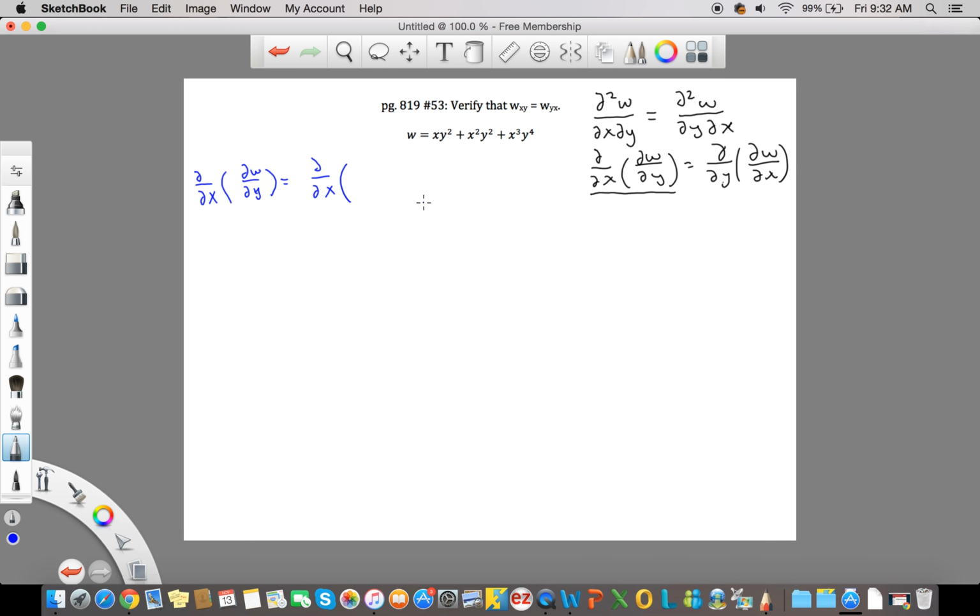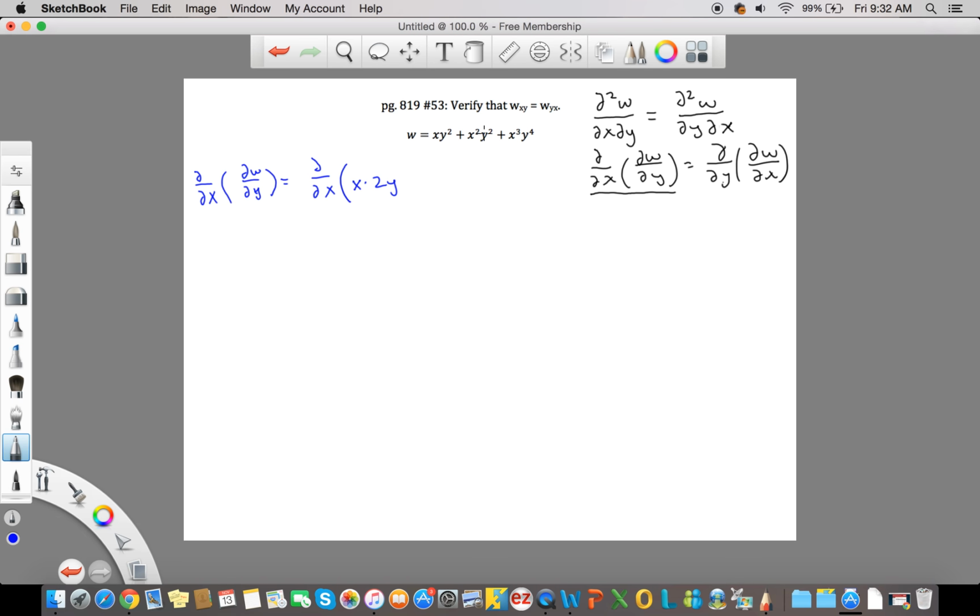We're taking the derivative of w, which is a multivariable function of two variables, x and y, with respect to y. So remember, x is going to be considered constant. Let's go by each term here. x is considered constant in this first term. If we're taking the derivative of this with respect to y, that x is just going to be left out here, and then the derivative of y squared with respect to y is just going to be 2y. That's just like we normally do it.